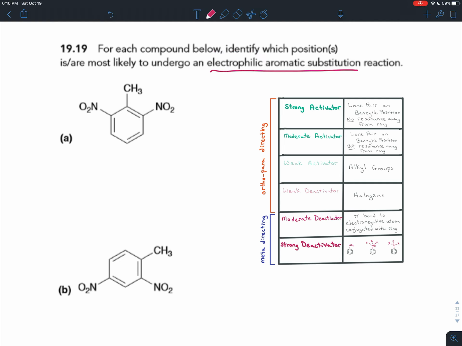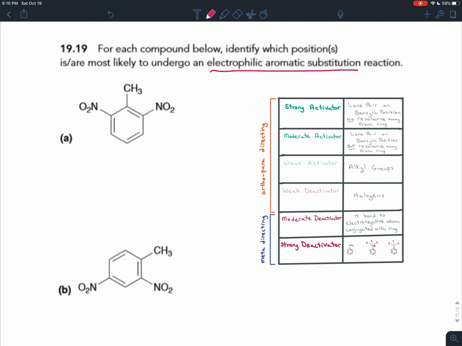They're the type of reactions like bromination or sulfonation or nitration or the Friedel-Crafts reactions that we drew mechanisms for earlier in the chapter. So if you want to put an electrophile onto these benzene rings, where will it add? And what they give you are benzene rings that already have a bunch of branches on them.